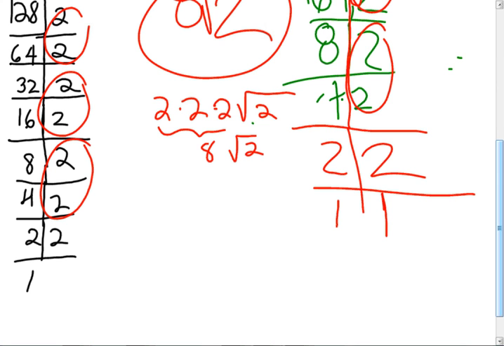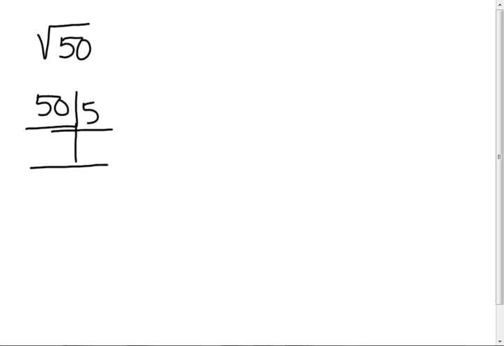So let's look at the first one on the pink worksheet, the square root of 50. What's nice about this method is it works every single time. Yes, you can do a factor tree, but I like this. What goes into 50? 5. 5 times what? 10.